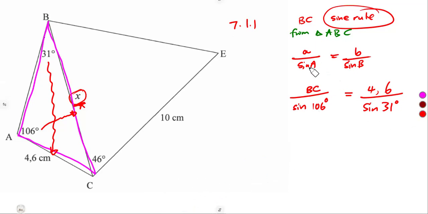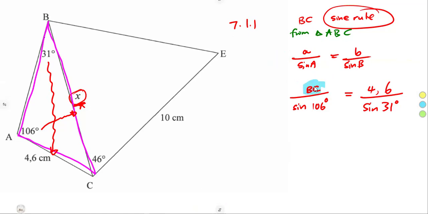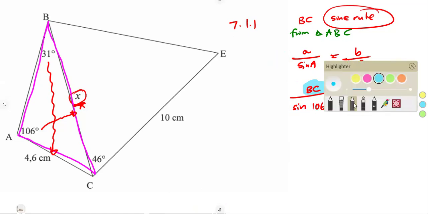If you are calculating angles, write the sine on top. It is only best, not to say that if you use the other formula, you are limited. No. So what is it that you're supposed to determine? The length of BC. What is limiting us from determining this? It is this sine of 106 degrees.